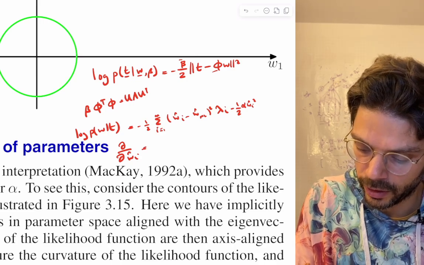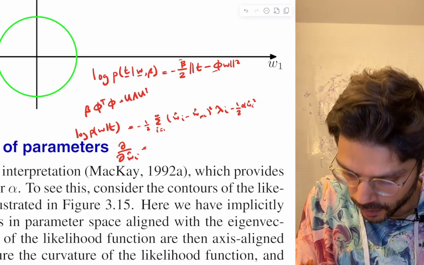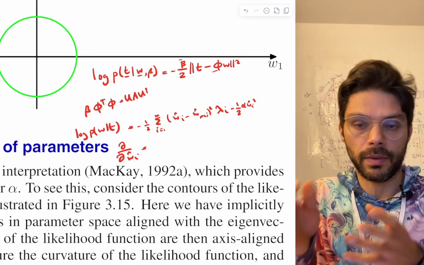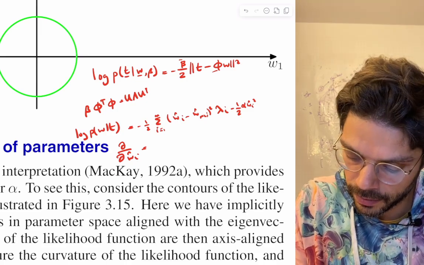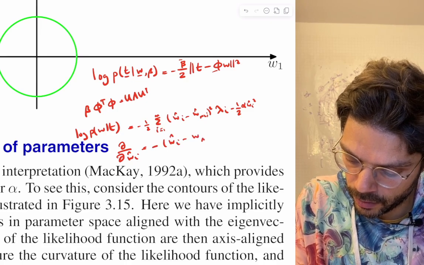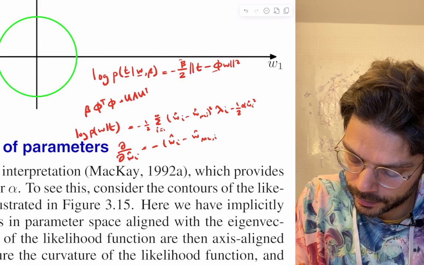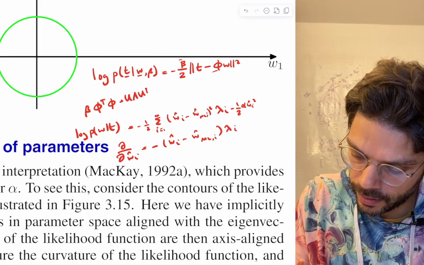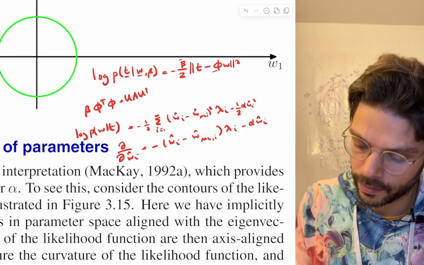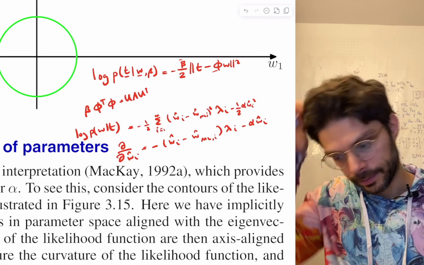Well, this is going to equal the wi only shows up, oh, this should be i. wi only shows up in the ith term of the sum, so we're just going to get minus (wi minus wi,ML) times lambda i, minus this contribution from the prior.